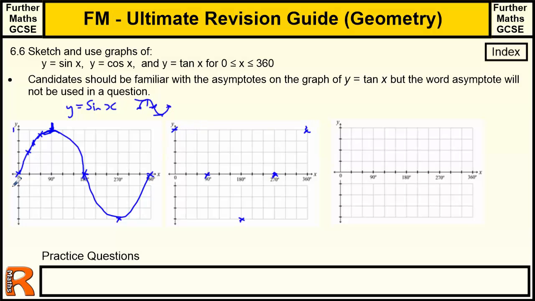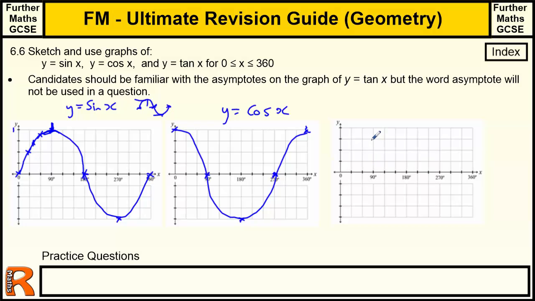And these are repetitive graphs, they keep on going forever, but at this sort of level we tend to just stick to between 0 and 360. So this is going to curve down, curve back up here, and back up to there. Okay, so that's the y equals cos x graph.